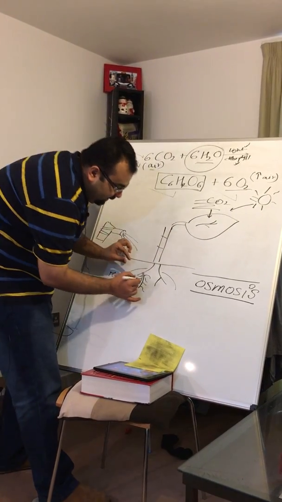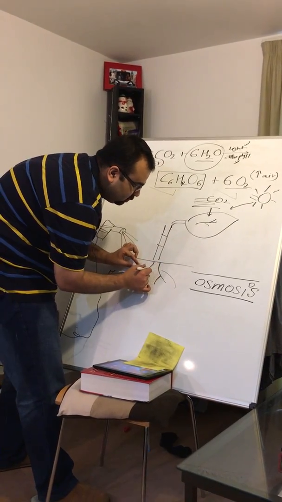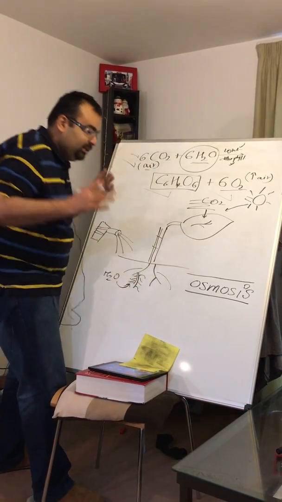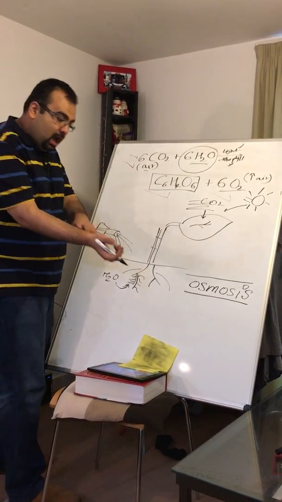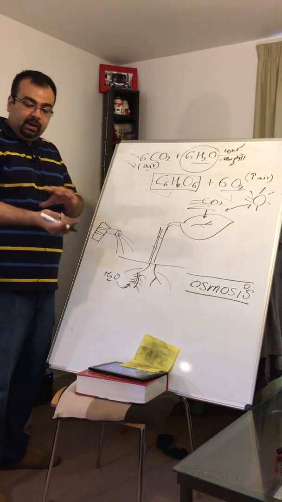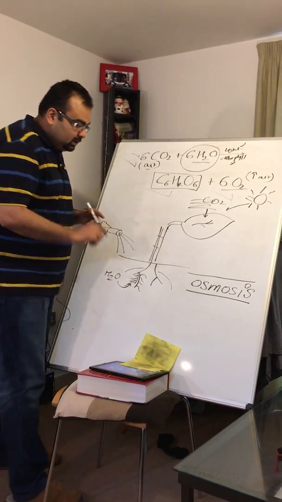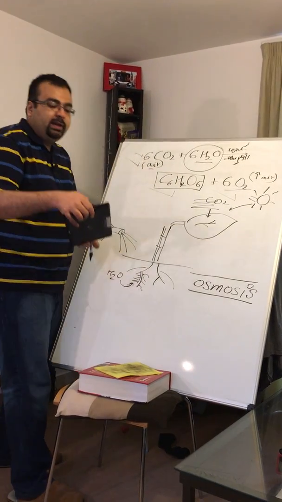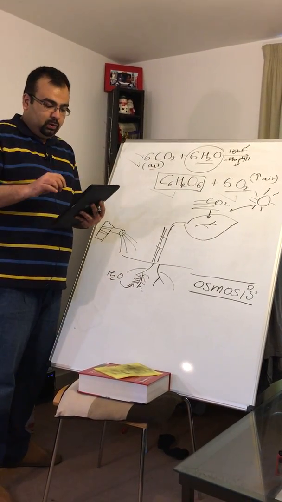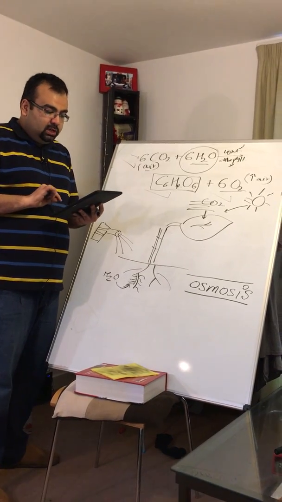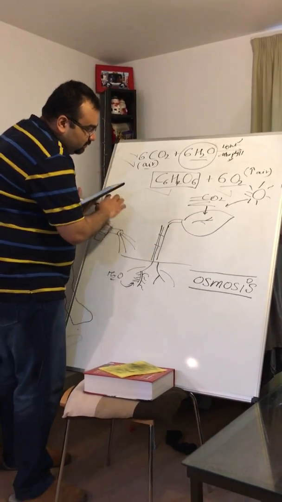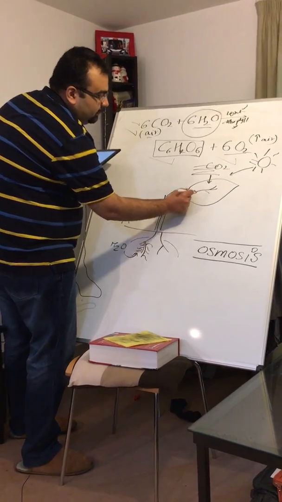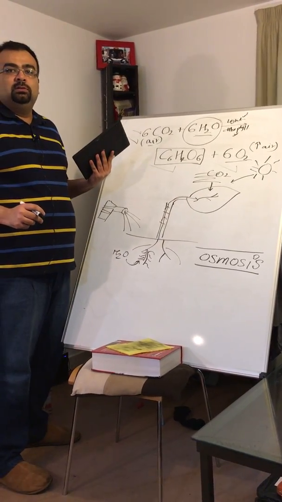Now water has entered into this root. It has to move up the stem. Within the stem, like we have various blood vessels, there are various vessels present inside the plant too, and it is through these that the water is going to travel up and reach the leaves.